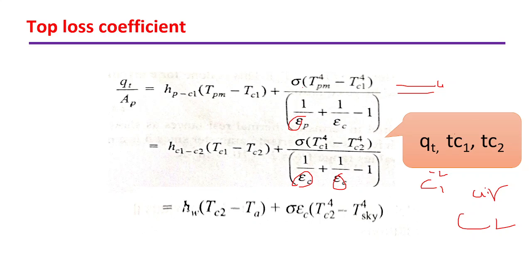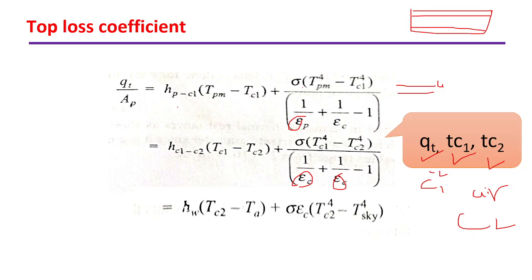So here, with the help of three equations, we will be able to solve for QT, TC1 and TC2. Simply put, the temperature of the absorber plate is given. For instance, you can measure TC1, the temperature of the cover plate, and TC2. This you have to find out, and then QT, the top heat loss rate, we have to find out.